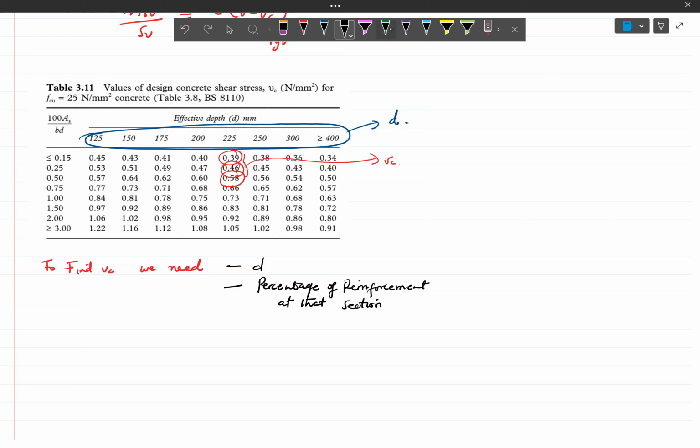And that percentage is what we call 100 As over bd. So it's a ratio of the area of steel to the cross section of the concrete, that value divided by the total, times 100%. So that's what this stands for. So once we have d and 100 As over bd, we can determine the vc.